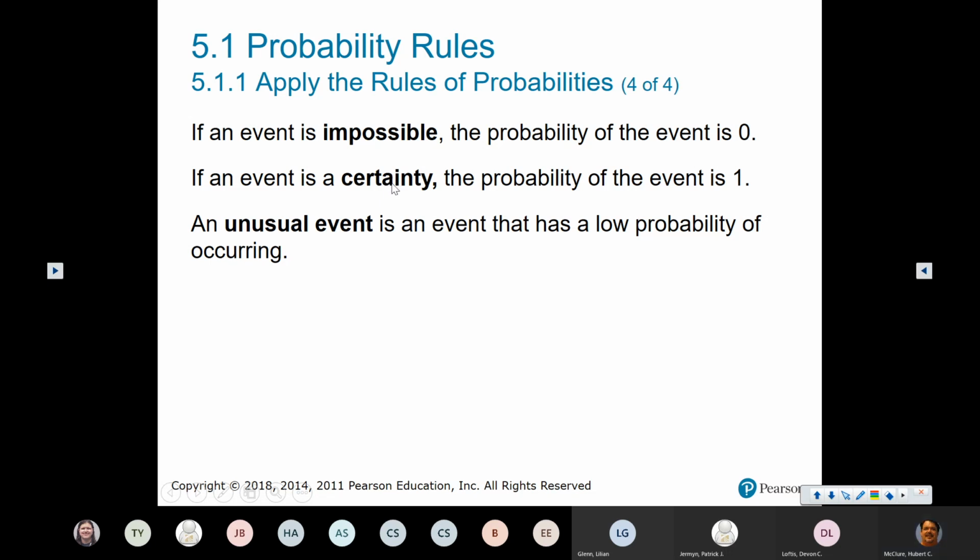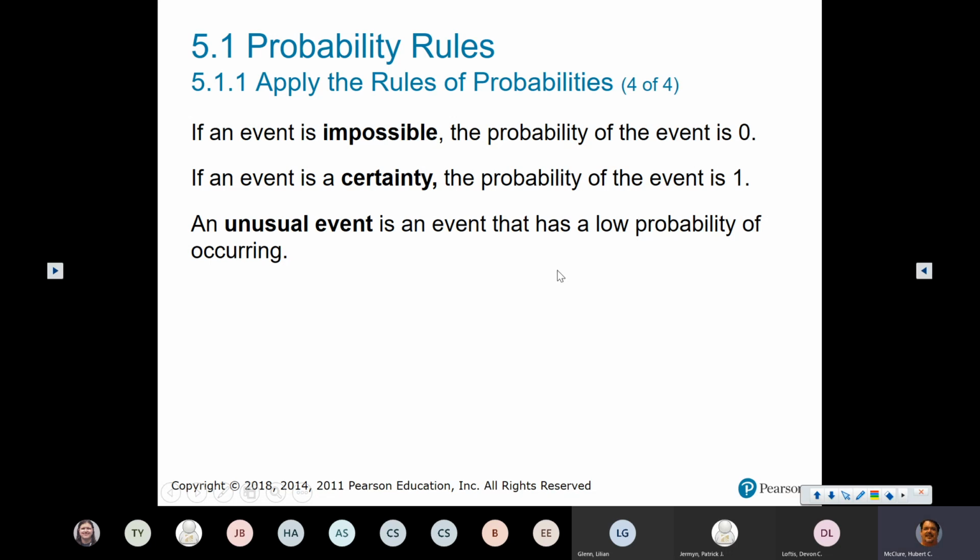No. So these two words are used for the scale, but in probability they don't like to use words like this. An unusual event has a low probability of occurring. Write those three things down because that is a standardized test question.